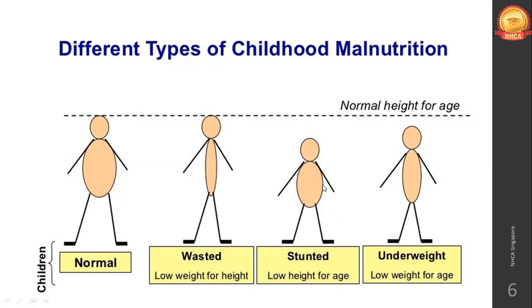A stunted child looks superficially normal, but when you compare them to their peers, they look dwarf-like. They are very short in height, low height for age. An underweight child: height does not change much, but the weight is on the lower end based on their age.